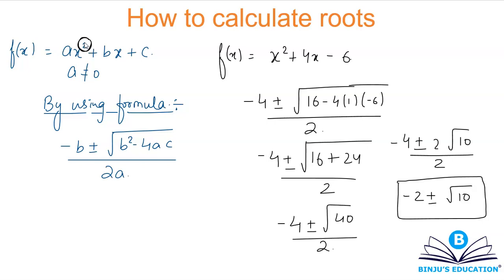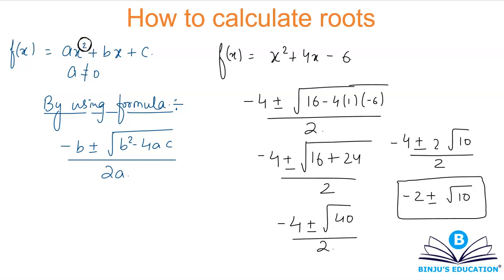So this is how you can calculate roots using the formula. The formula is simply minus b plus minus under root b square minus 4ac divided by 2a.